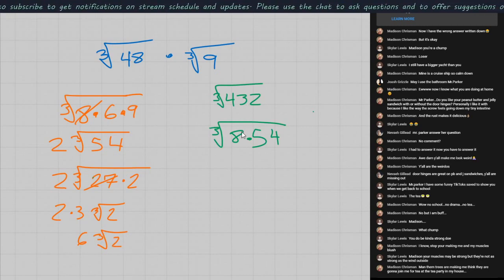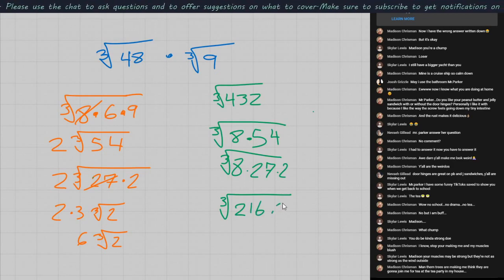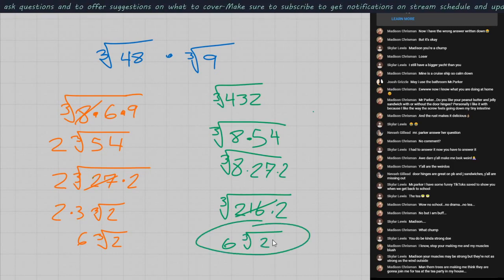At this point, instead of doing it this way, where you would have had 8 times 27 times 2, you could have also pulled out a perfect cube here. 8 times 27 is 216, and the cube root of 216 is just 6, and that would still be your answer. Either of those are fine for selecting your answer.